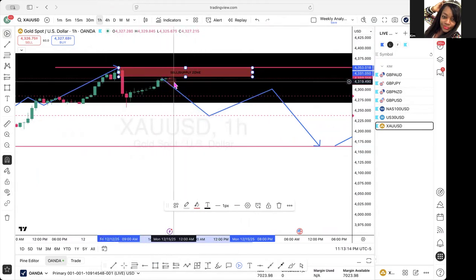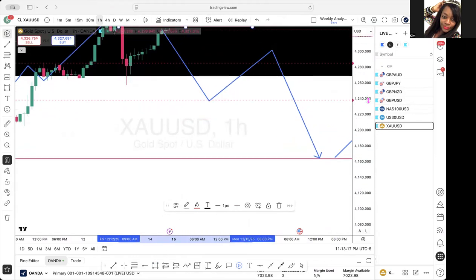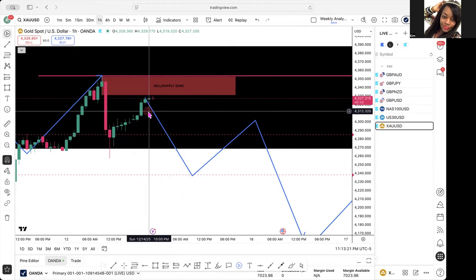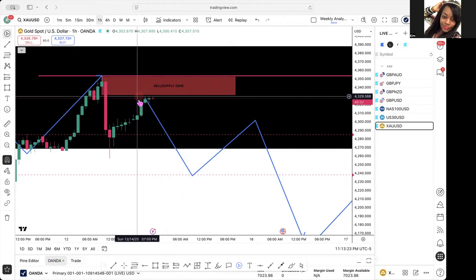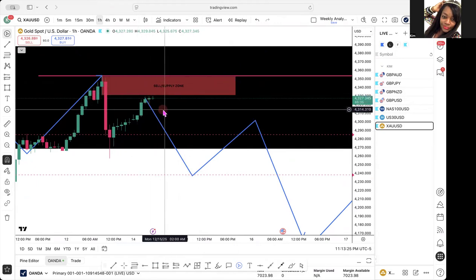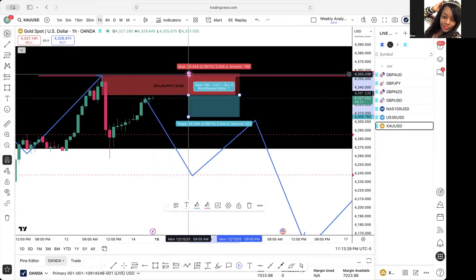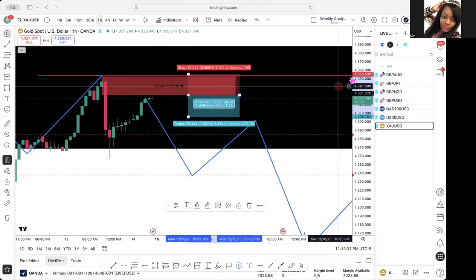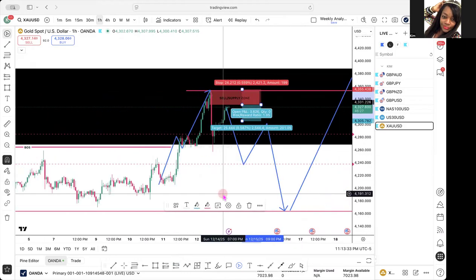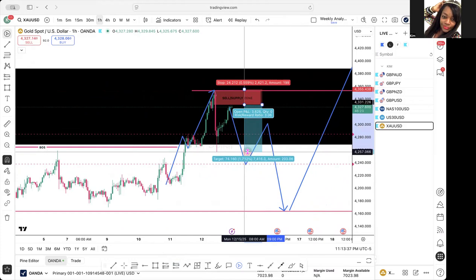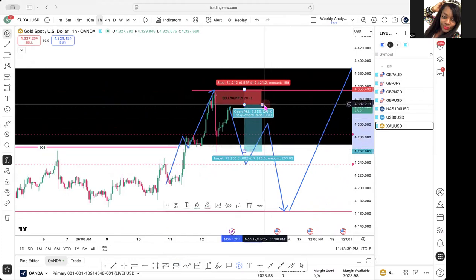Again, if that happens, or if you want to take a chance, it's not very much confirmation. But you could sell from here. At least to the low. Okay.